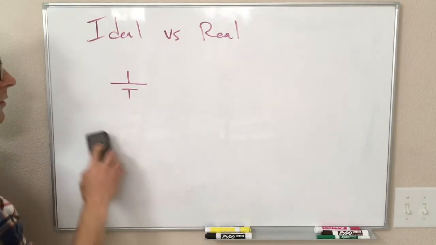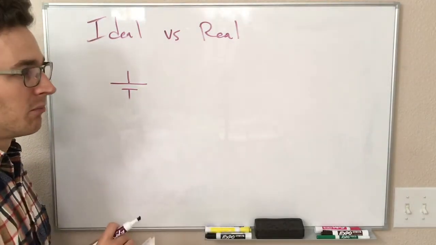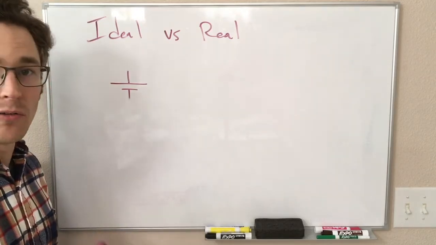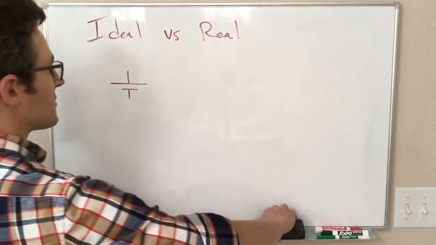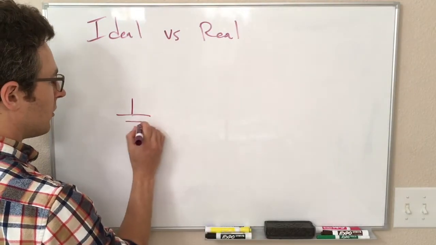Okay, so how can we represent or account for this difference between what we have on the board and the actual behavior of our batteries or power supplies? The way we can think about that is with an internal resistance.